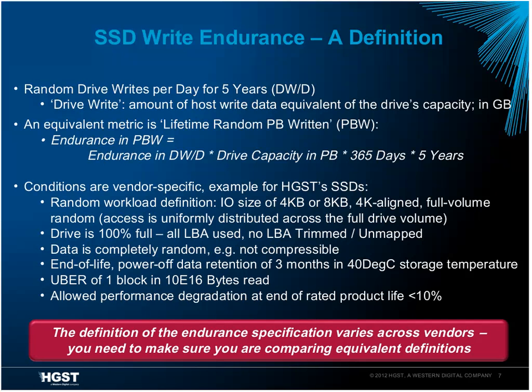And with performance degradation at the end of the rated life at less than 10%. So in other words, the drive's performance is very consistent over the life of the drive.